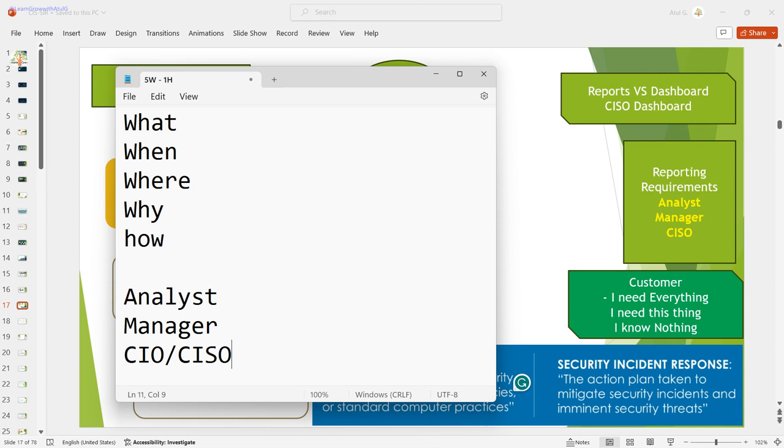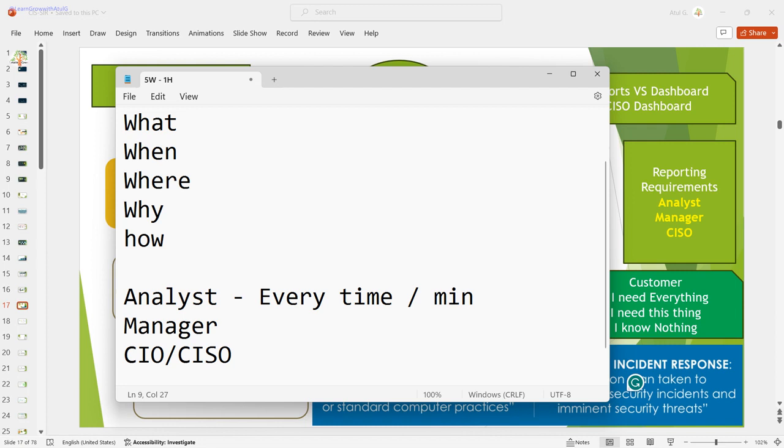The analyst is the one who works at the ground level, who is the first point of contact. It means they need the report every minute, in very simple words, because only if they can see what incident is coming can they work on it. They can quickly analyze it.